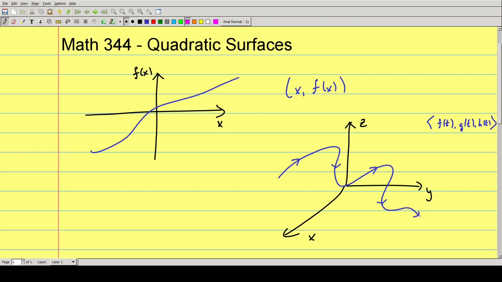For surfaces, there are two different ways that we can think about how things are put together. For the most part, we don't use the function version in what we're discussing for this section.